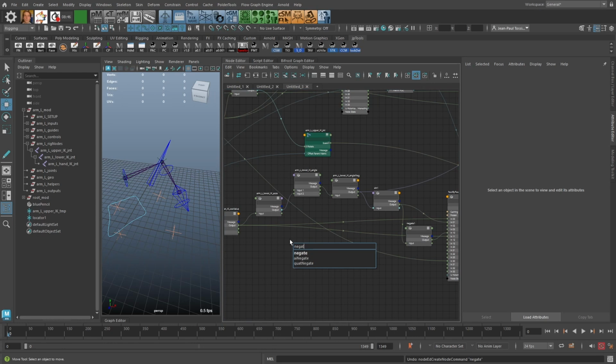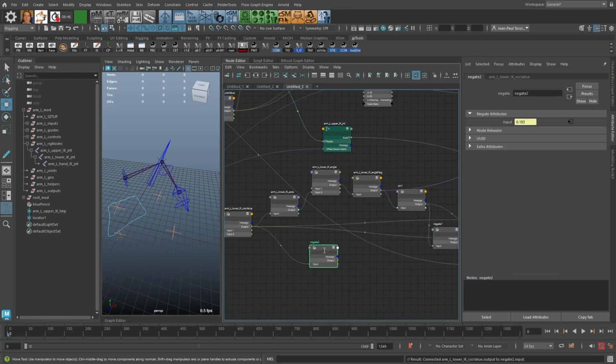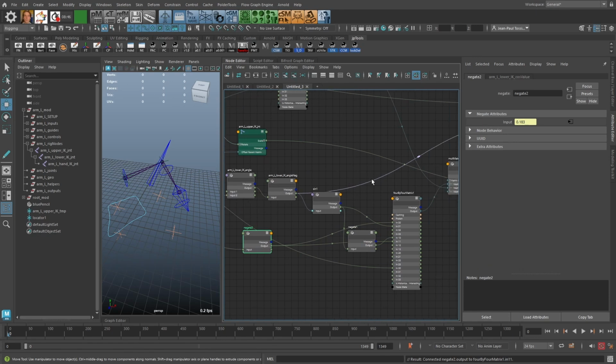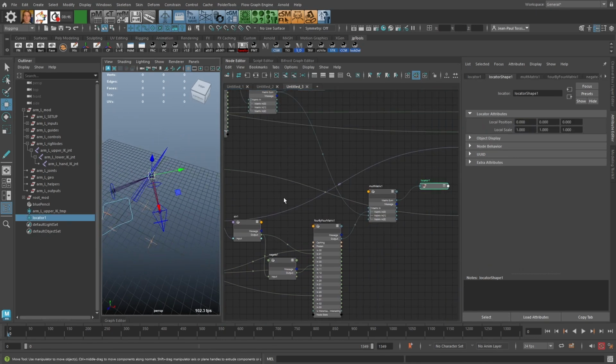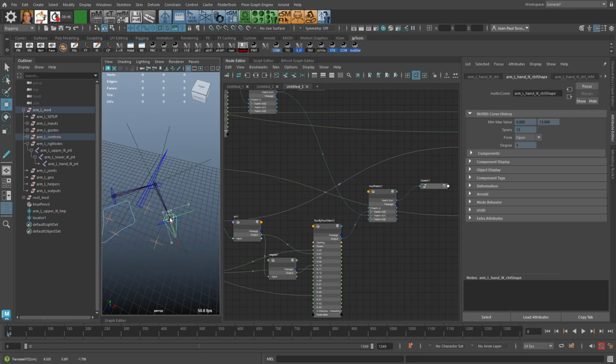So if we create another negate value and plug it in, and then we swap the connections with the negated values, we now have the locator in the correct orientation. And if we run the local scale and we take the arm controller, we can see that now the rotation is correct.